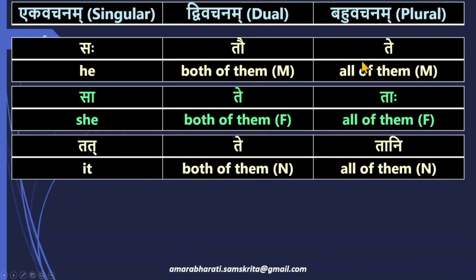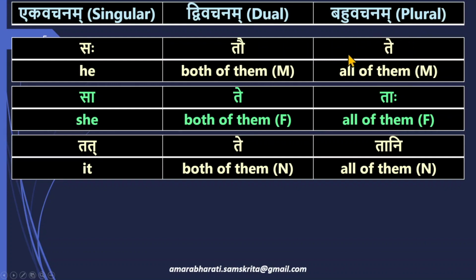Just remind yourself that te, which is all of them, a plural word in masculine, is the same as te in dvivachanam, in dual in feminine, and also te in neuter in dvivachanam. So te in dvivachanam feminine and neuter and te in bahuvachanam plural masculine are the same word.